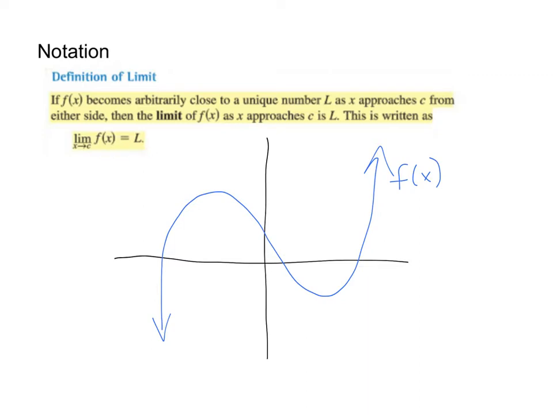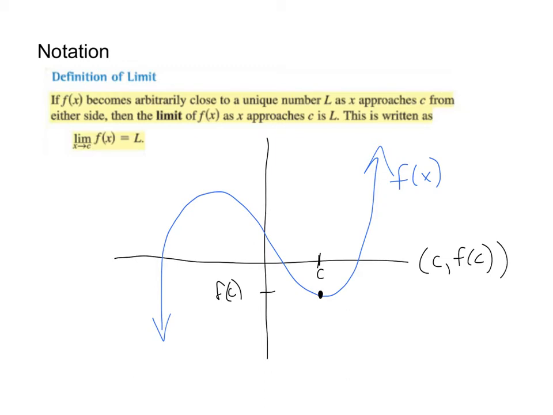All right, so what does this look like graphically? Well, here's my function, f of x. This is the x-axis, this is the y-axis. And somewhere here, I have an x value called c. So down here, because it's a continuous function, this point right here would be f of c, right? So this ordered pair would be c, f of c. Okay, function notation, we kind of have that.